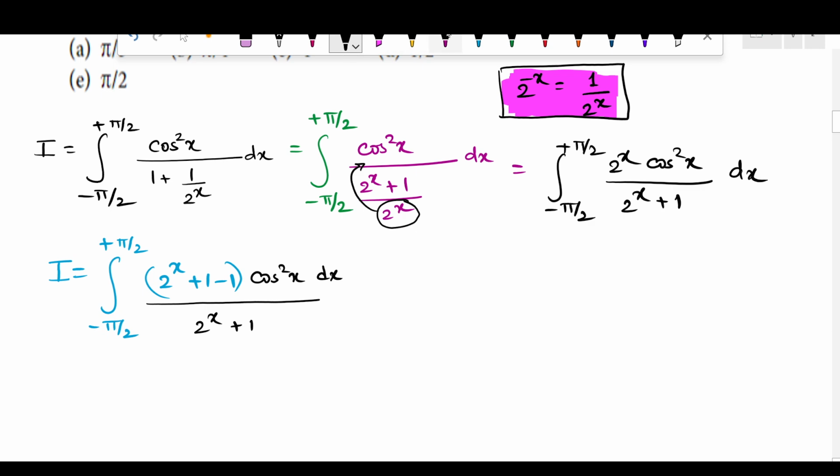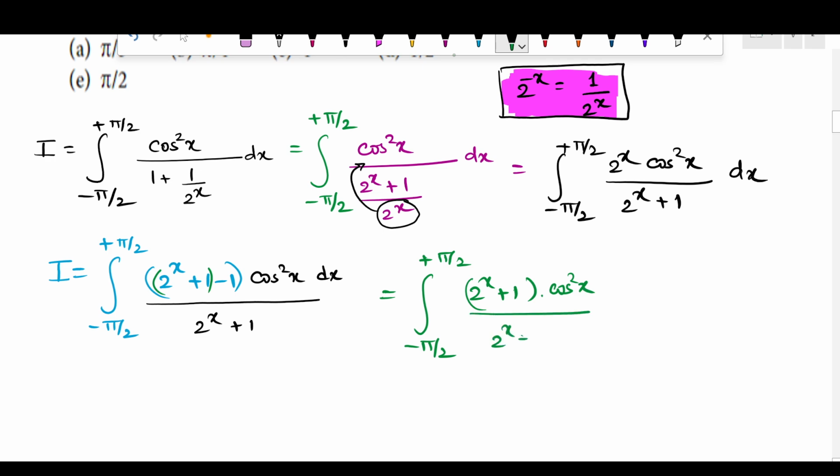Now see, this will be equal to the integral from minus pi by 2 to plus pi by 2 of (2 raised to the power x plus 1) into cos square x, whole divided by 2 raised to the power x plus 1, minus cos square x upon 2 raised to the power x plus 1, dx.